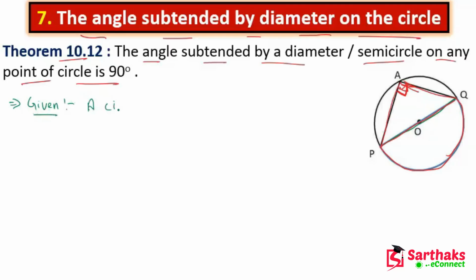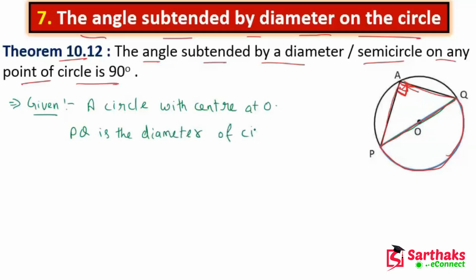We have a circle with center at O, and PQ is the diameter of the circle, subtending angle PAQ at a point A on the circle.